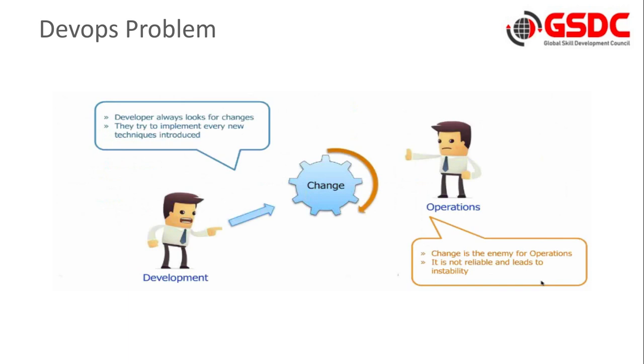Again development works on that product and gives it to operations, and the operations team tests it again. By that time, if we got a new requirement from the customer side, the developer develops that feature, adds it to the main application, and it is shifted to the operations team again. So this cycle goes on.